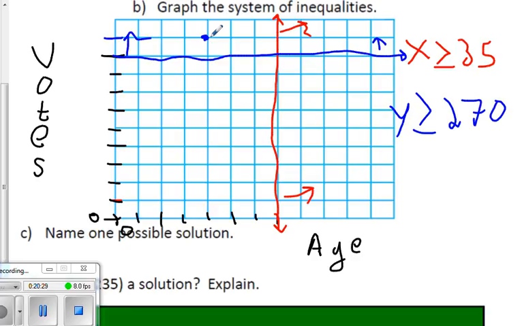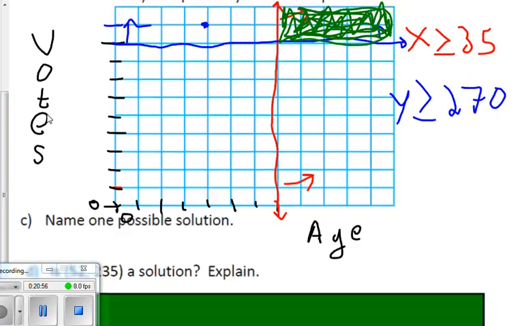If you're 20 years old and you got 300 electoral votes, you still could not be president. You're not eligible because you're not 35 or older. The only area where it would still be okay is everywhere in here. This is all of the spots where you're both old enough and you're getting enough votes. If somebody lands in here, they will be president.